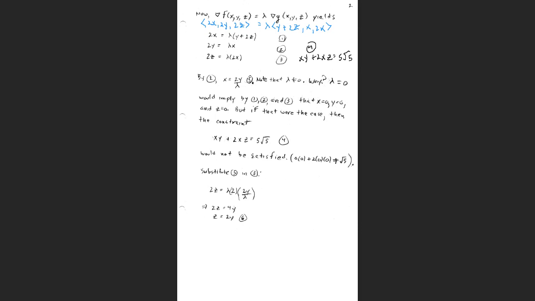Now, I'm not saying this is the only way to do this, but looking at equations 1, 2, and 3, the second equation is certainly the nicest looking one. So I'm going to solve that and say x equals 2y over lambda. That's my equation 5. I always number these equations as I go. And we'll note that lambda is not going to equal 0 in this case.